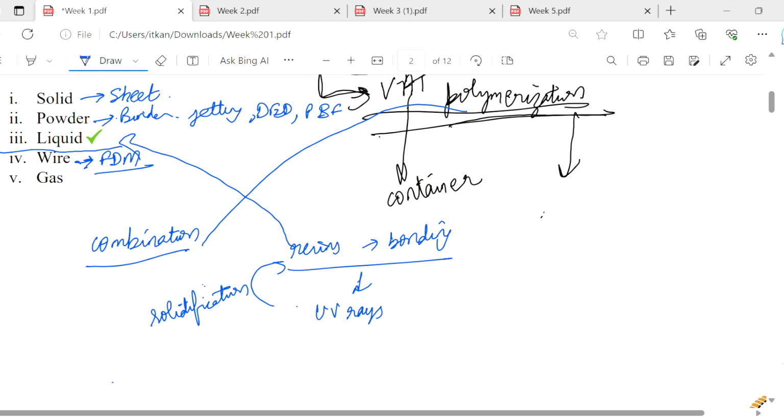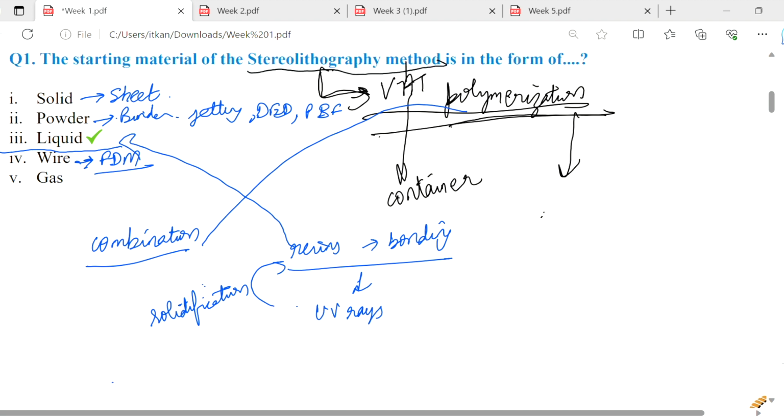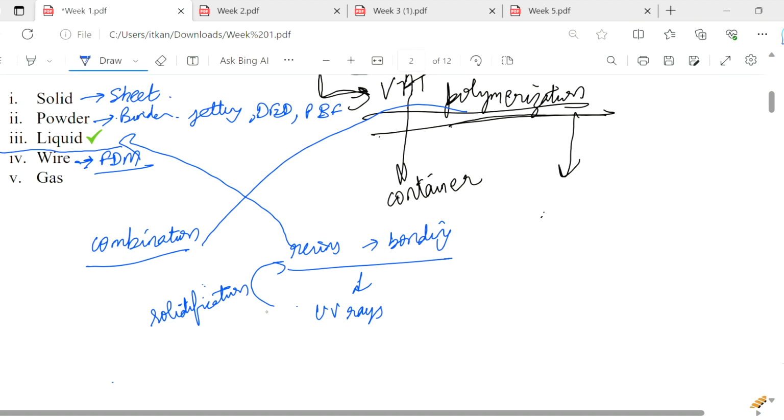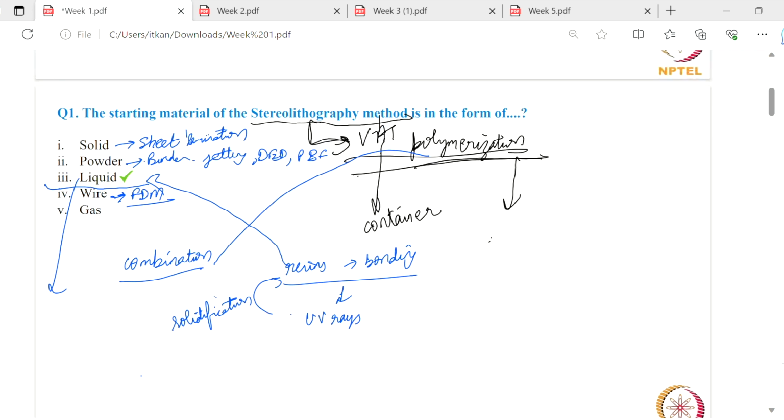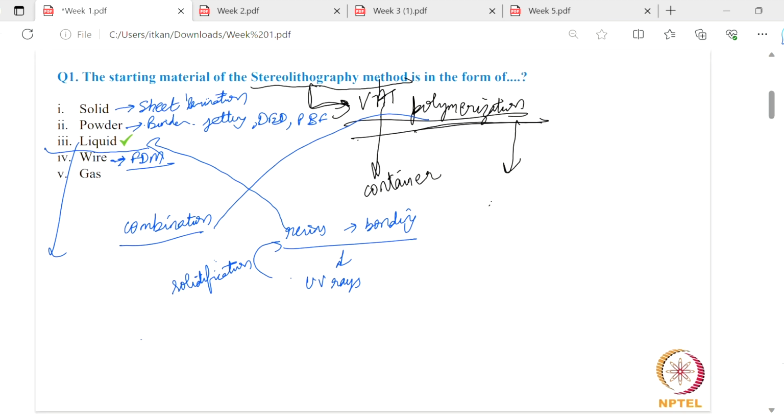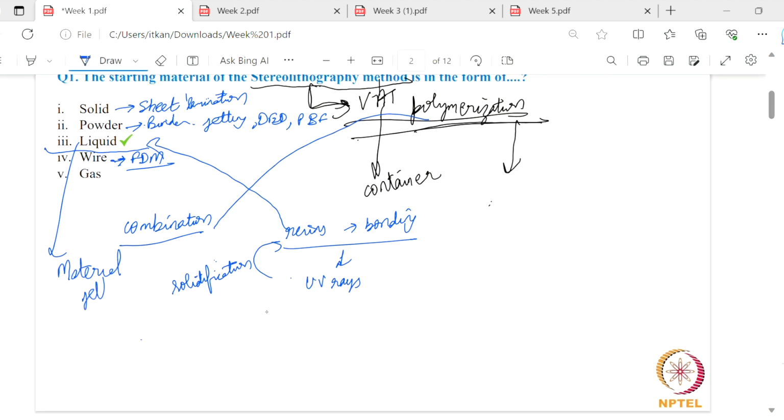The liquid is in stereolithography. In binder jet, we use binder as liquid. Okay, in material jetting also, the starting material is in the form of liquid. Wire is in FDM and DED.